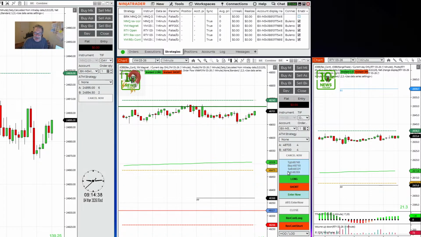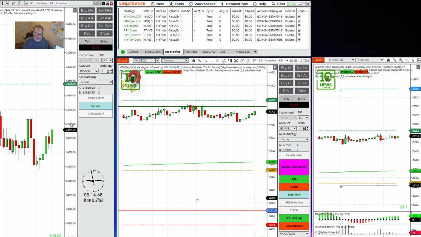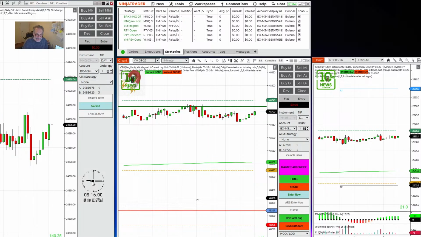The YM magnet, I think it's going to make the magnet and test the high now. MNQ is a 930 trade, so now we just wait.